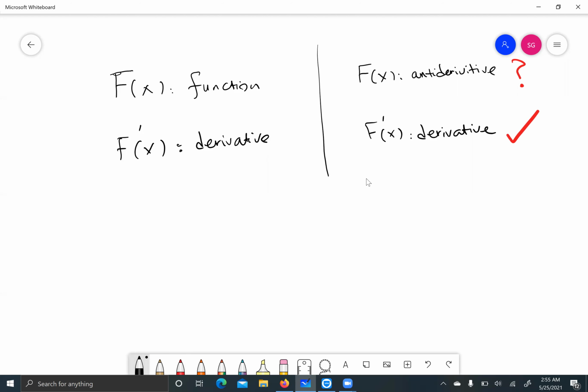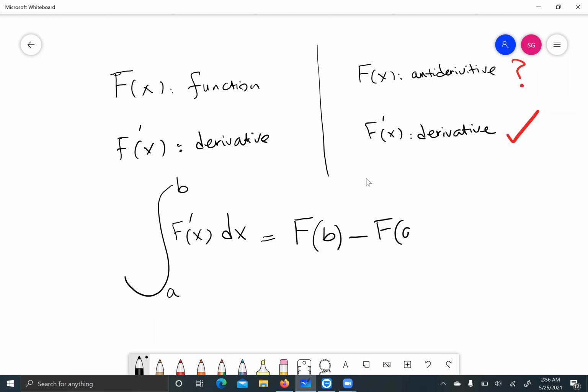And the fundamental theorem of calculus says that if you take the integral of the derivative function with respect to x over any closed interval from a to b, then this integral is the same as the antiderivative function at b minus the antiderivative function at a.